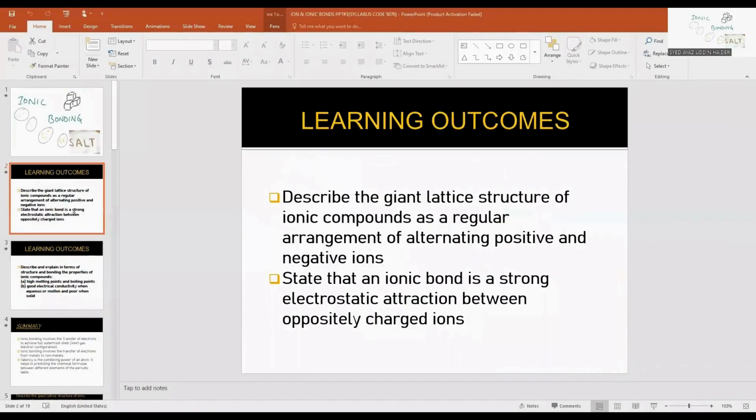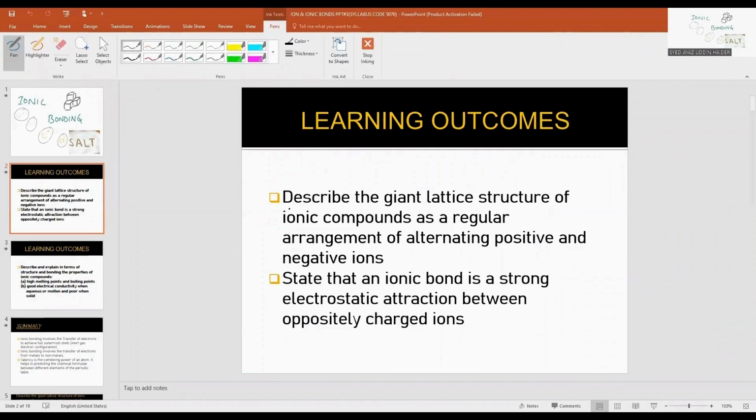The SLOs for this video are: describe the giant lattice structure of ionic compounds as a regular arrangement of alternating positive and negative ions. State that an ionic bond is a strong electrostatic attraction between oppositely charged ions.